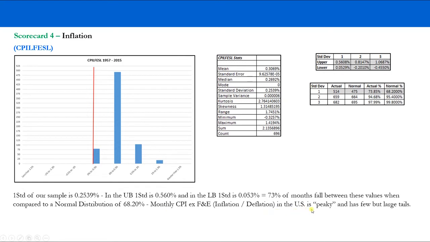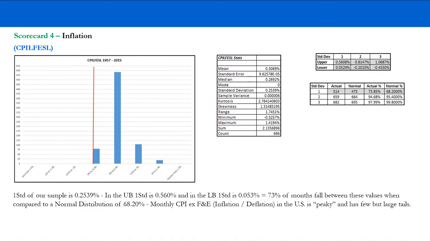What we conclude in this distribution relative to a normal distribution is that it's essentially much more positive data, similar to the CPI, including food and energy prices. But also the distribution of CPI ex food and energy, inflation or deflation in the US, relative to a normal distribution, is peakier and has fewer but much larger tails.